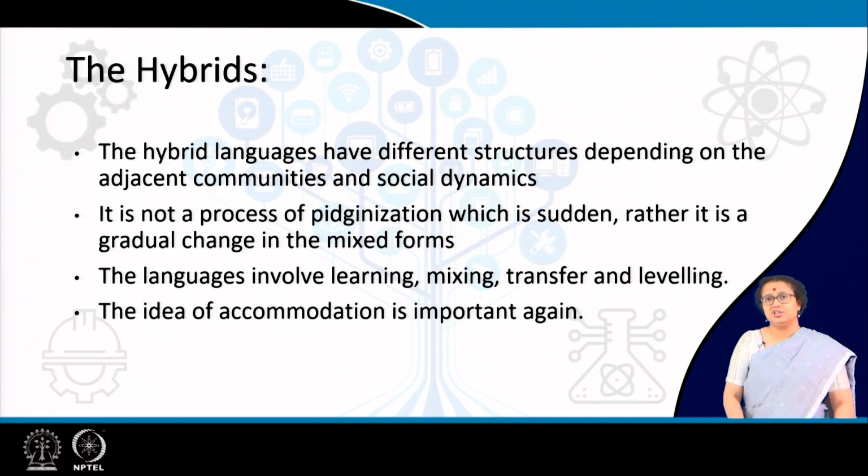If you have different languages, you basically bring down the features to one level. So, you use a very compromised kind of variety. When we talk about leveling, we do indicate the compromise that takes place when inter-community conversation takes place.